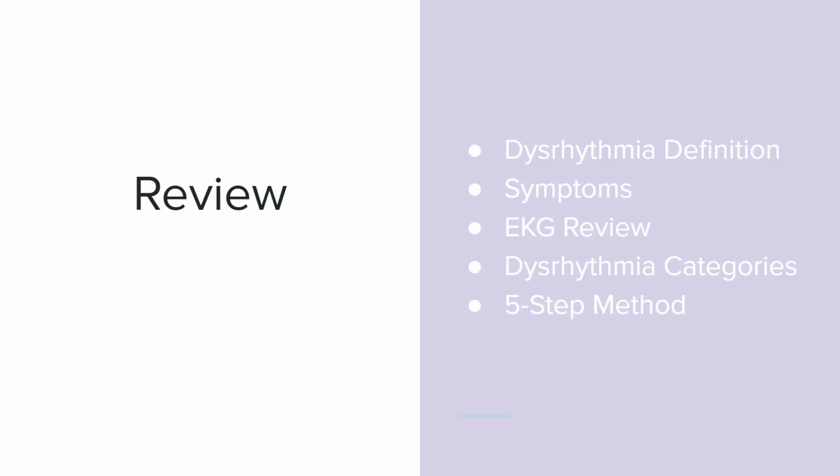We have lots of different categories that dysrhythmias are going to be, but it's going to be either an atrial or a ventricular dysrhythmia. Then we've also got a couple other heart blocks, asystole, which is no rhythm at all, and our bradycardia and tachycardia. And then the 5-step method are 5 things that you need to be looking for every time you look at an EKG so that you can understand if it's a regular heart rhythm or if the patient is experiencing some sort of dysrhythmia.